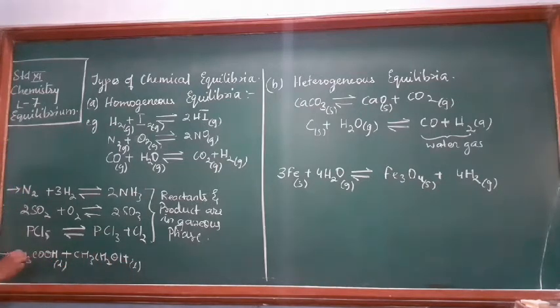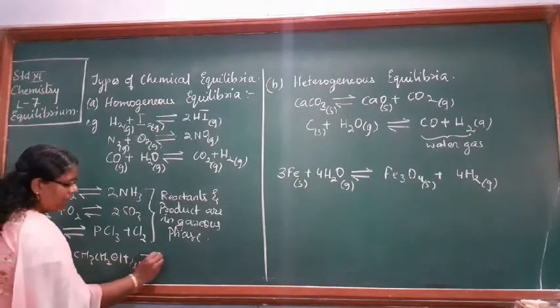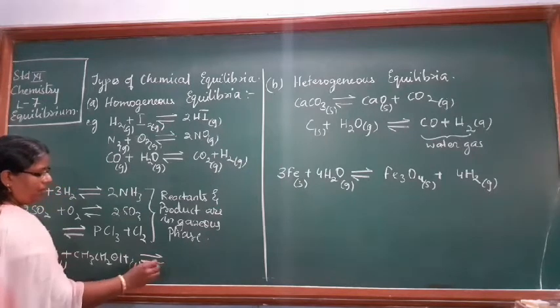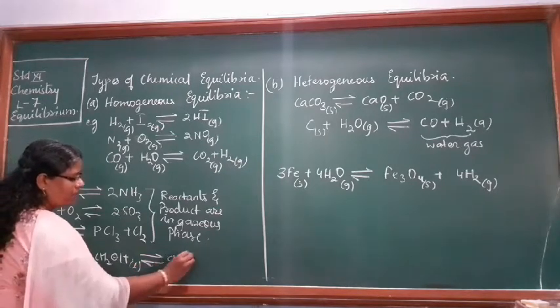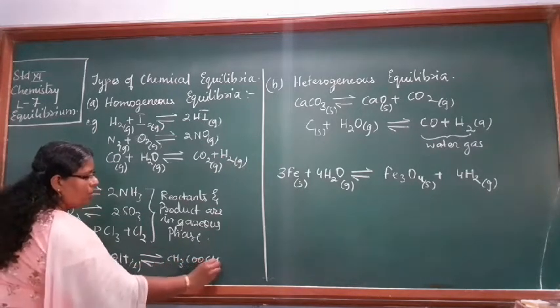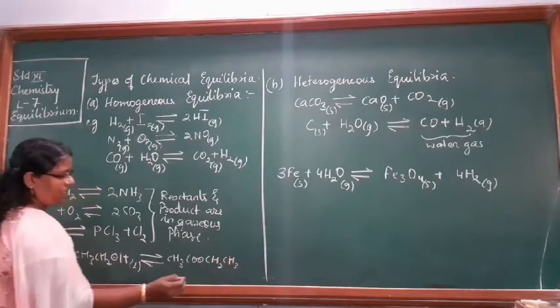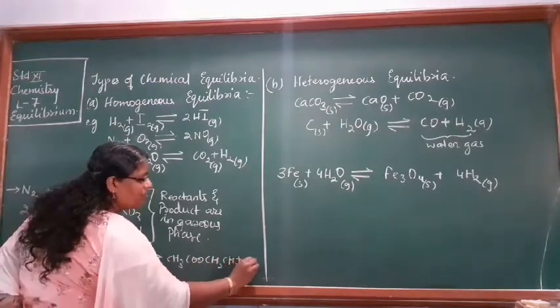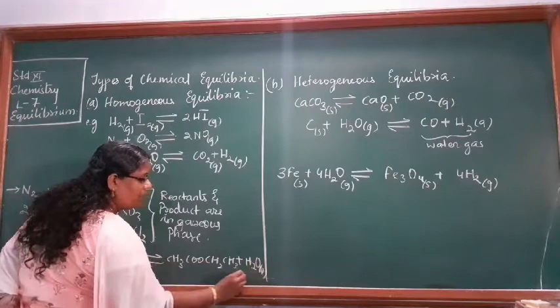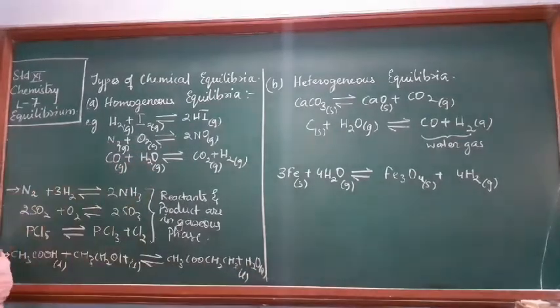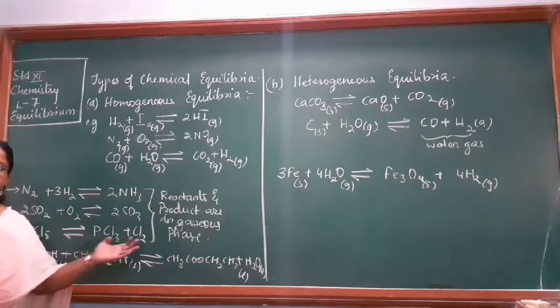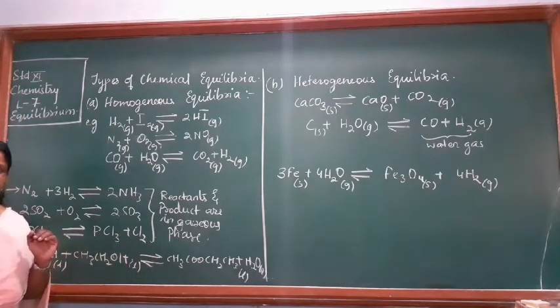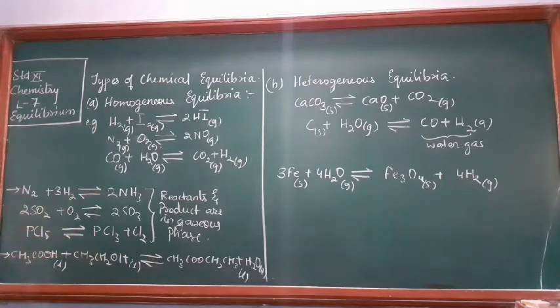Even acetic acid, CH3COOH, is in the liquid phase, and they react to give you the ester, CH3COOCH2CH3, plus H2O is also released. So here also all of them are in the liquid phase. This is an example where all the reactants and products are in the liquid phase. Here they are in the gaseous phase.